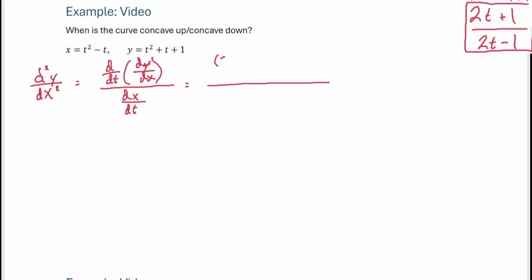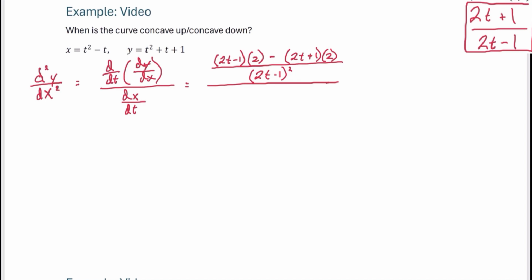So we'll take 2t minus 1 and multiply it by 2, minus 2t plus 1 and multiply it by 2. All of that is divided by the denominator squared, (2t minus 1) squared.